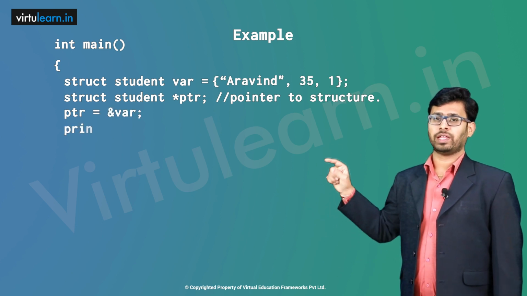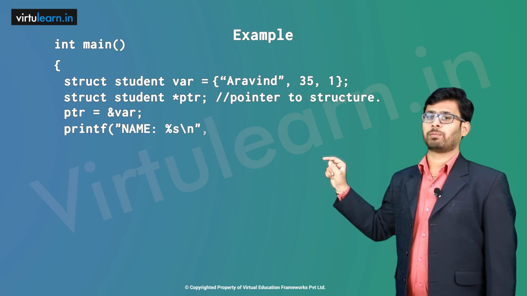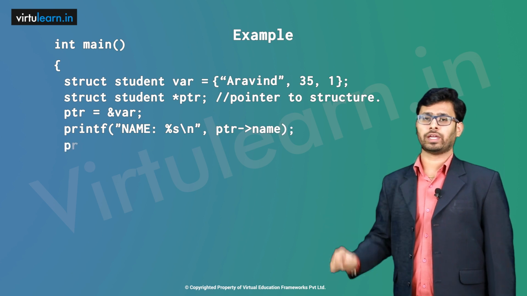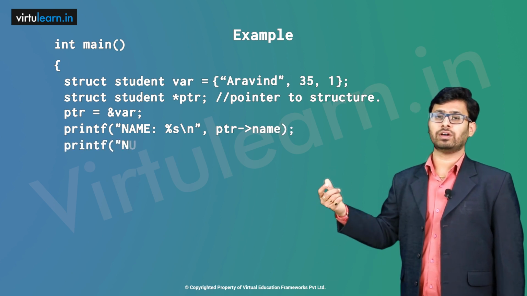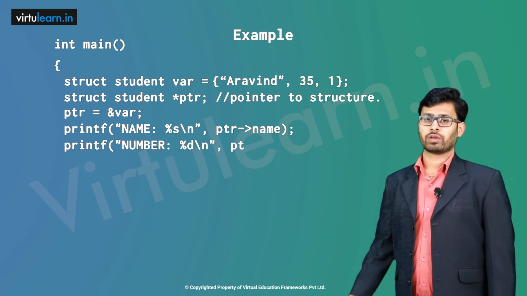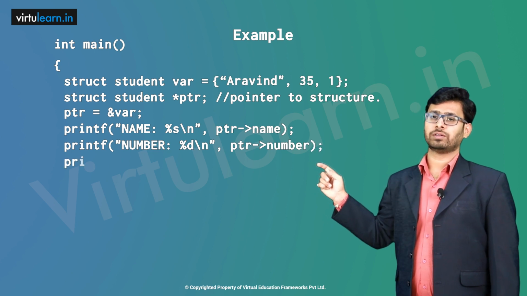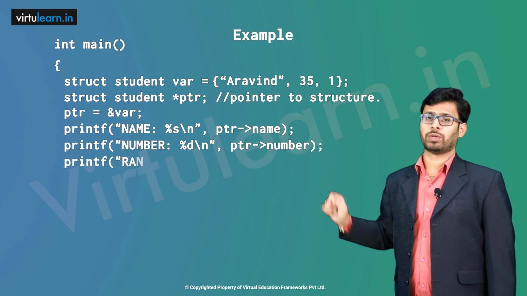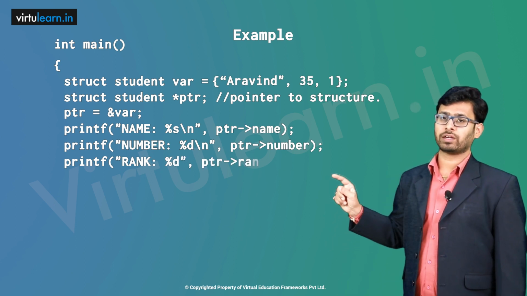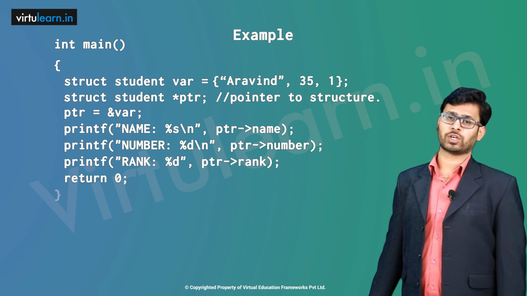Printf name percent s slash n comma PTR arrow name. So this is how we can access the structure members whenever we create a pointer. Next, printf number percent d slash n PTR arrow number. Next, printf rank percent d slash n PTR arrow rank followed by semicolon.